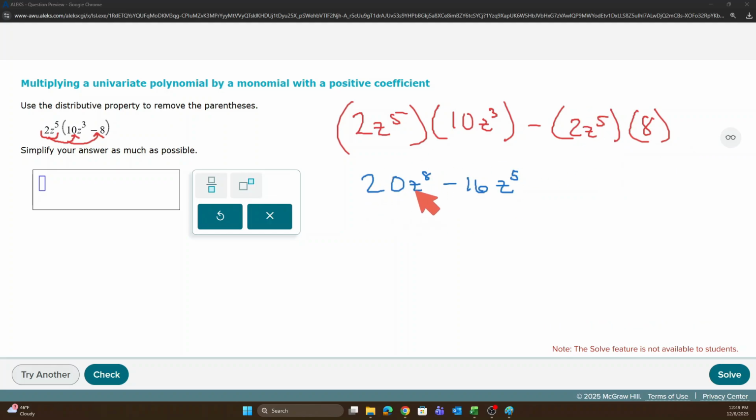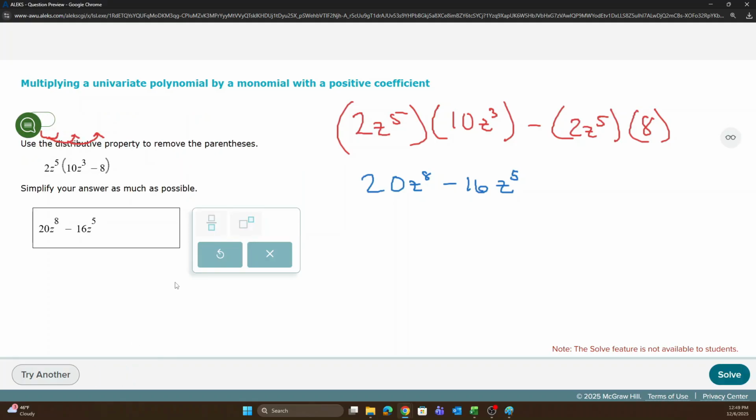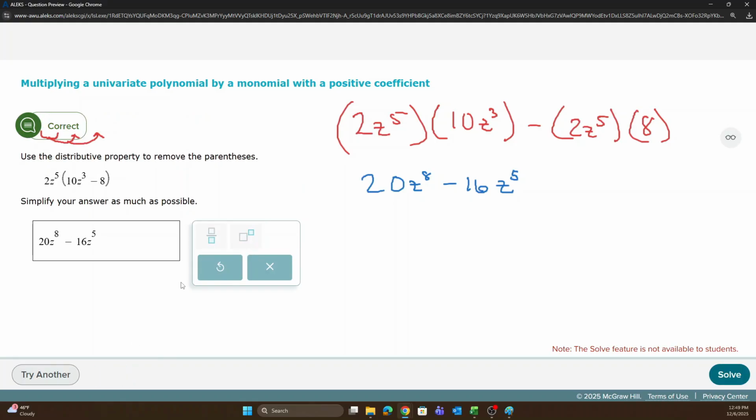So we're just left with 20z to the 8th minus 16z to the 5th. Let's put this in. 20z to the 8th minus 16z to the power of 5. All right, so let's move on to the next problem set.